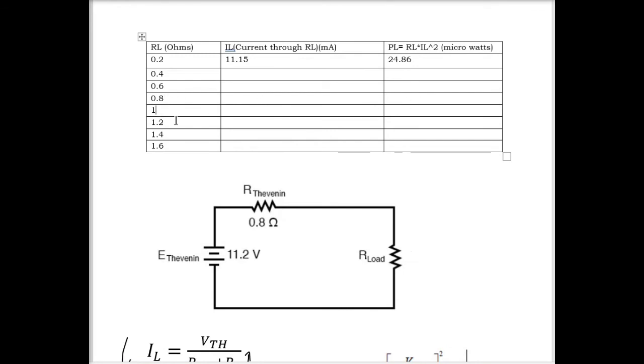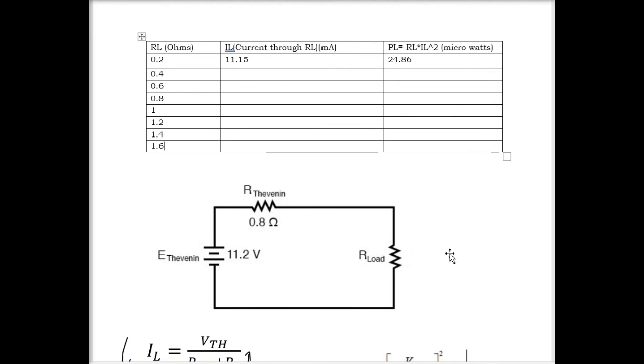And then if you calculate the power across the load for 1 ohm, for 1.2, 1.4, 1.6, you're gonna see it's decreasing. So if you plot the graph of RL versus PL, which is the load's power, then you are gonna see PL going in the Y direction and RL going in the X direction.